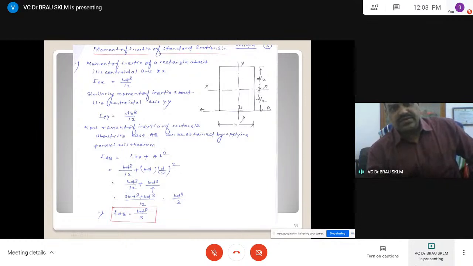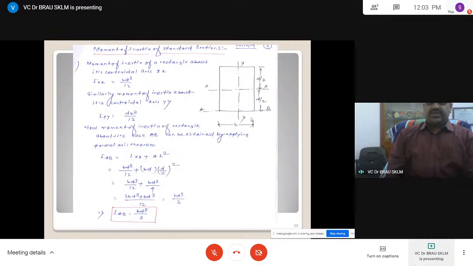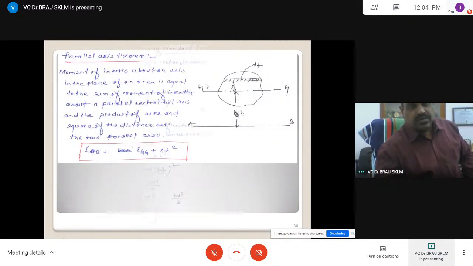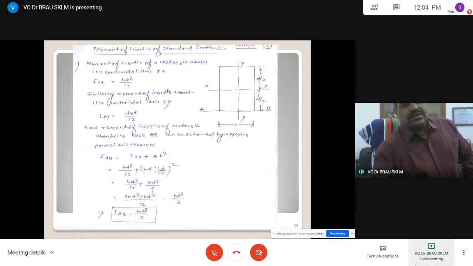This is xx, yy, b and d. The depth is the dimension given. The moment of inertia about the xx axis and yy axis is derived. Similarly, let us take a rectangle and work out a solution. Ixx is equal to breadth into depth cube by 12, and Iyy is equal to depth into breadth cube by 12.